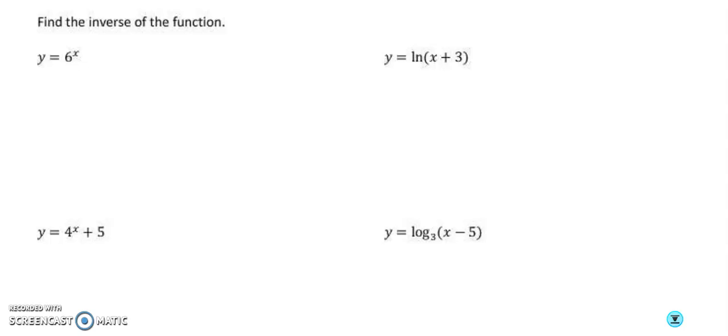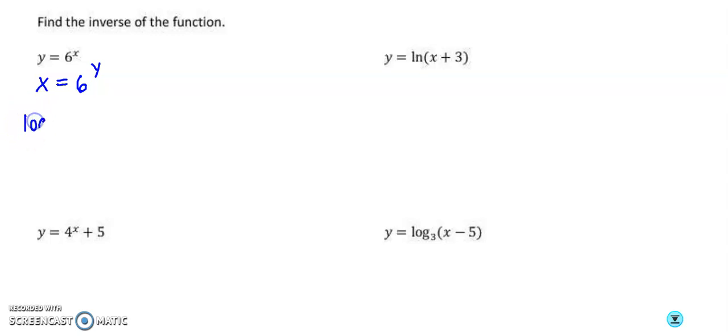Y equals 6 to the power of x. If we're going to find the inverse, the first step is always the same. Switch the x and y. All right, to get the y by itself, always the second step. In this case, that means get rid of the base 6 of the power. So we are going to have to log base 6 both sides.